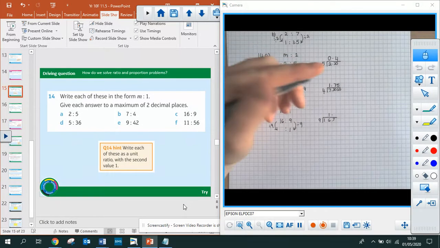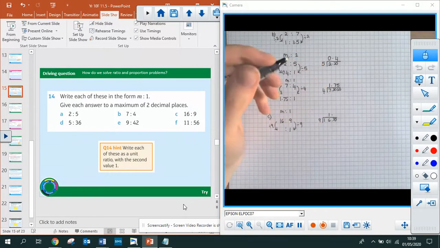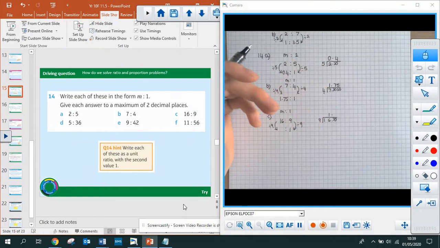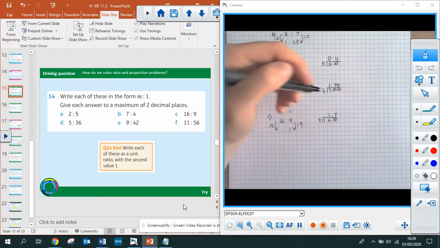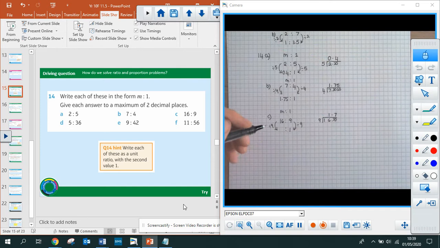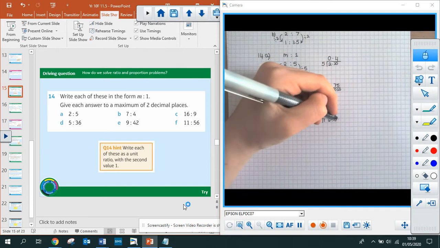Okay, that 7 becomes 70. And then I need to say how many 9s go into 70. That's going to be 7, because it goes to 63 with 7 remaining. Okay, that becomes 70 again.